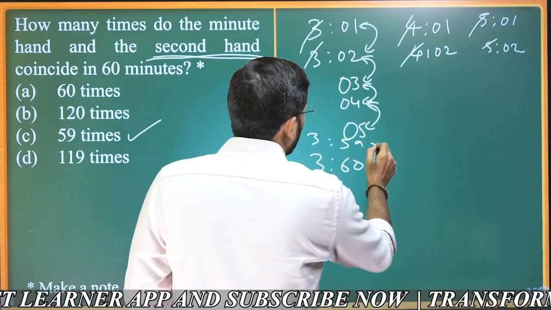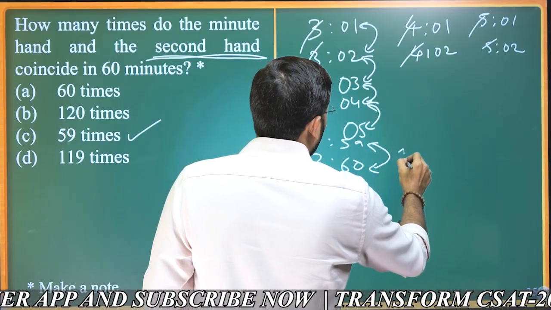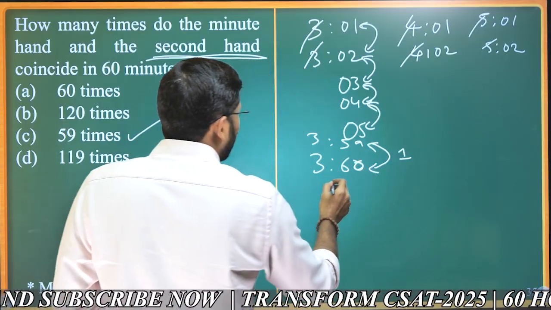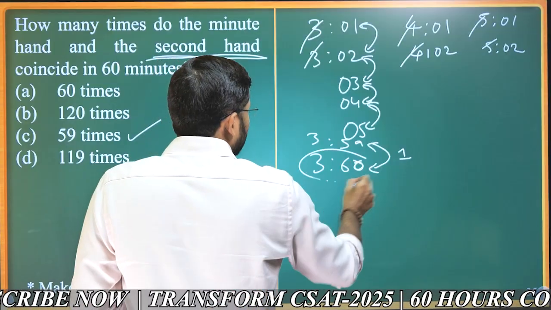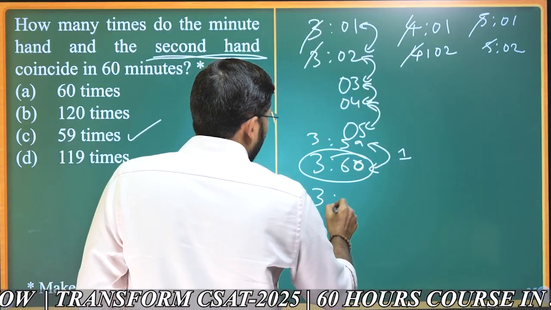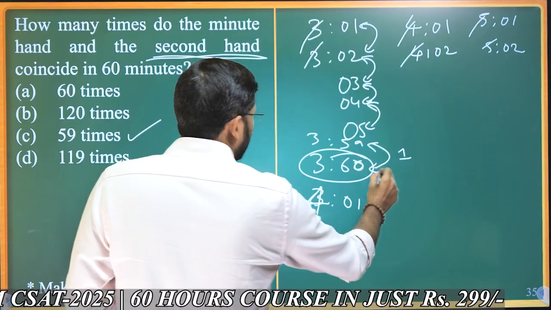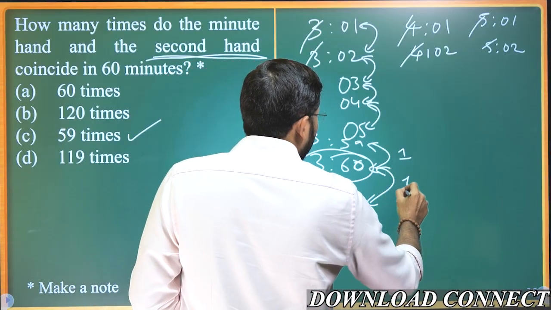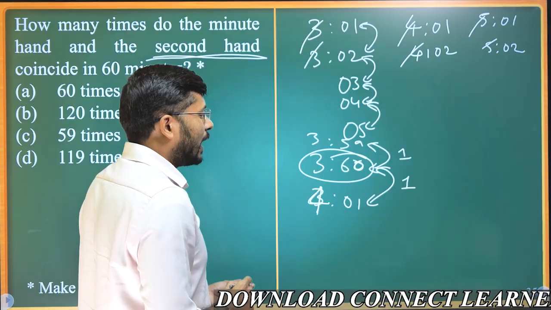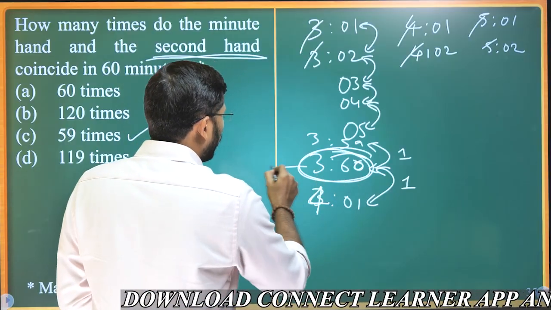From 3:59 to 3:60, they will coincide once, and at that time the time would be 3:60. And between 3:60 to 4:01, that is the next hour, the minute hand and the second hand will coincide once, and that time would be 3:60 or 4 o'clock.